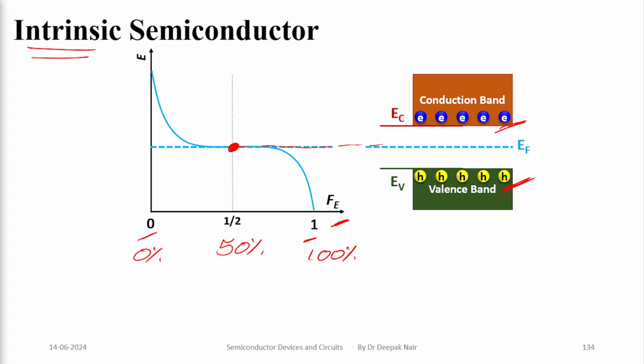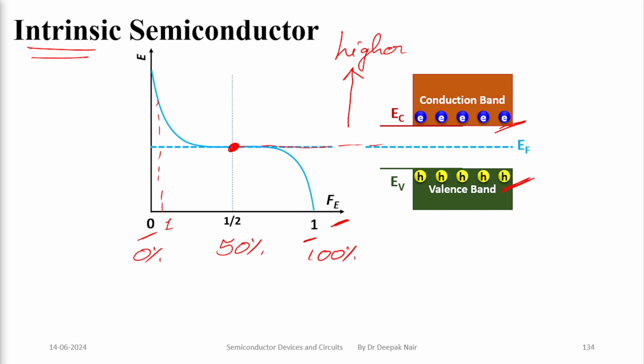As we move up in the conduction band, remember we are moving to a higher energy band when we move upward or above EC. So as we move up, the probability of finding electrons decreases.